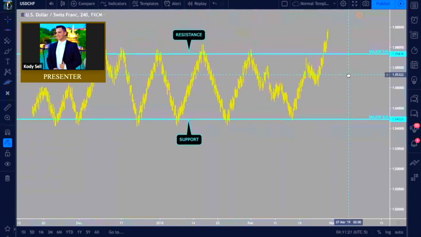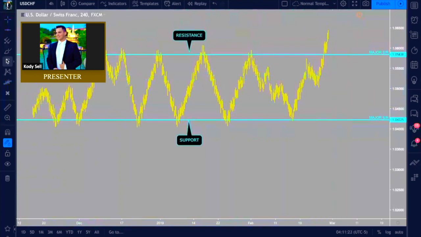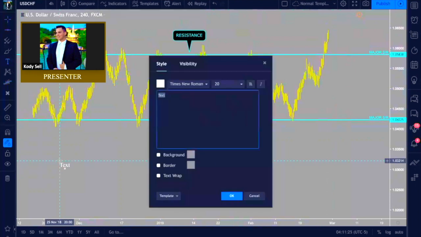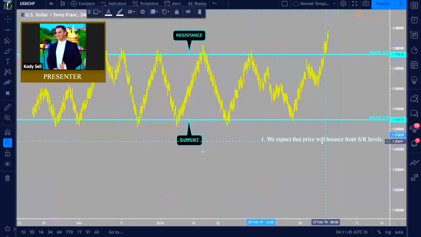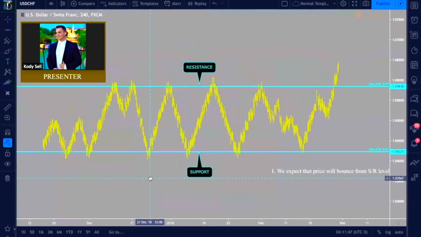Okay, so conceptually understanding that is important. So let's go ahead and write over here. Number one, we expect that price will bounce from S&R levels. Okay, that's the first important thing to note. So we're going to note that over here.